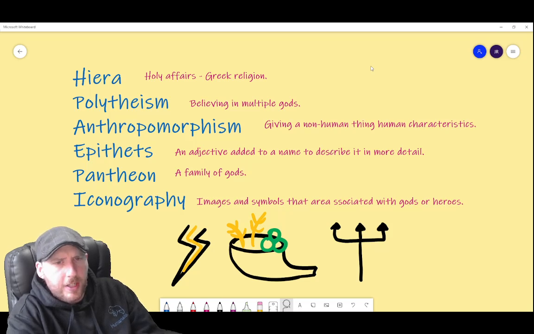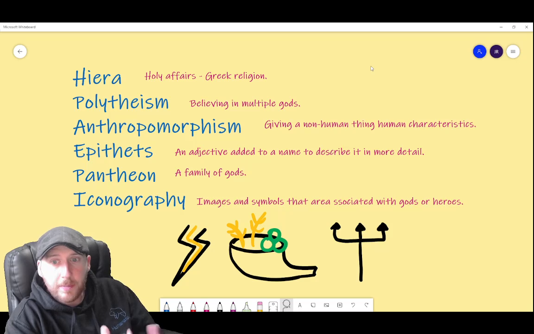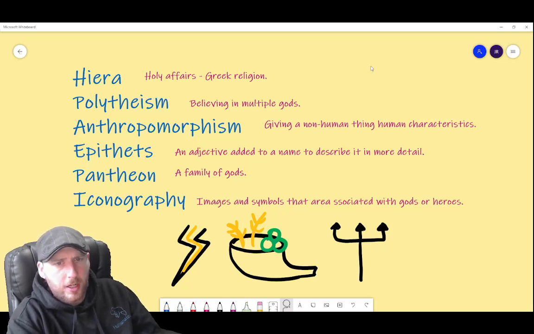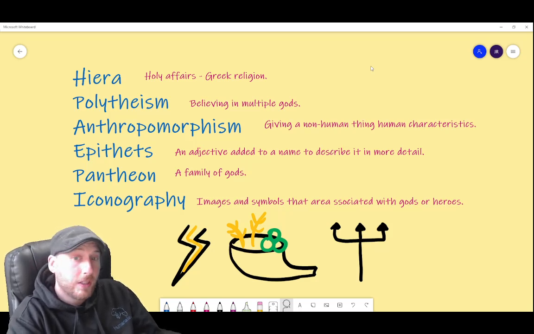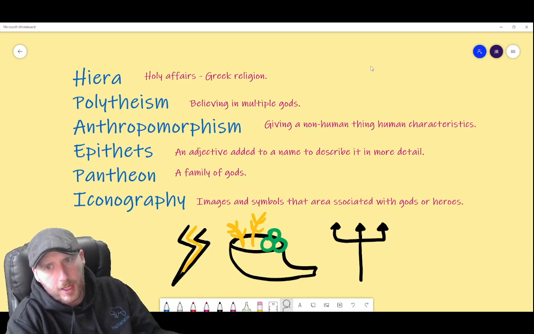You've got Athena Nike, Athena of Victory. You've got Athena Polis, Athena of the City. And it's always Athena. We're always talking about the same goddess. But those different epithets added to her name give us different ideas about her character. So in her Nike aspect, she might behave differently from her Parthenos aspect.